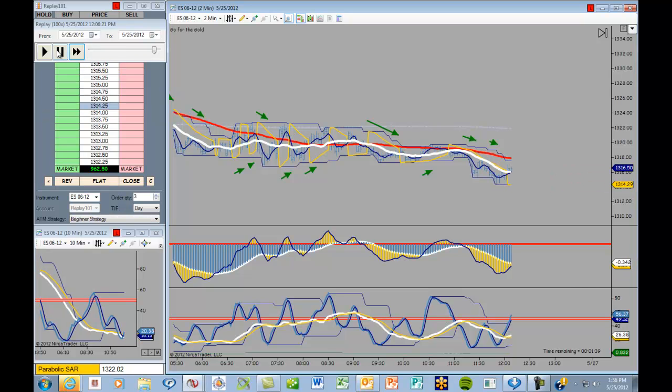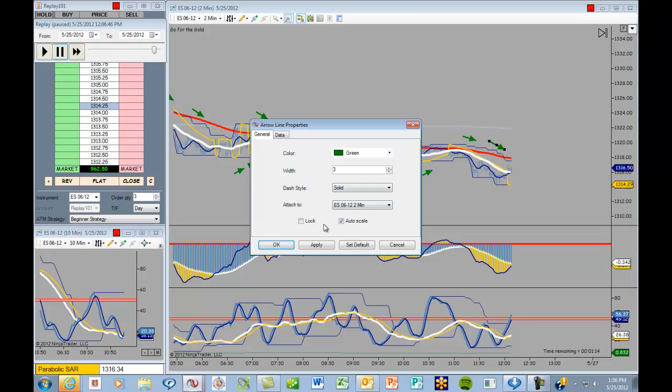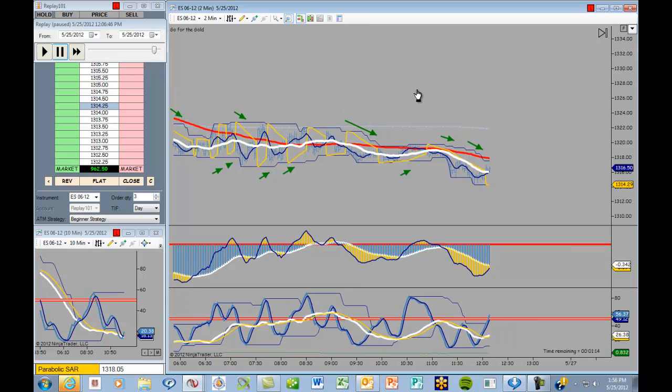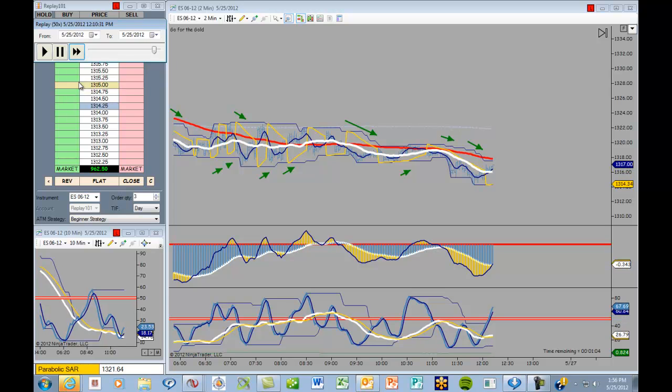Okay, stopped out. Okay, we now have what appears to be a downward move. We've even got a hook on the 10-minute here.